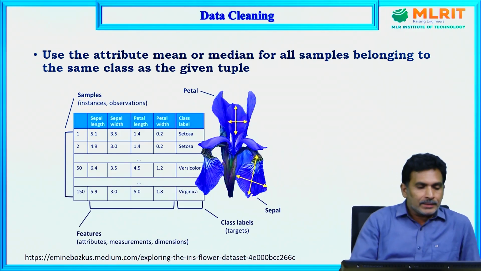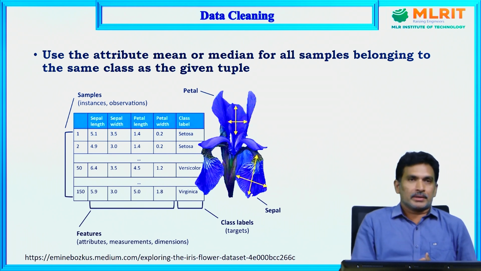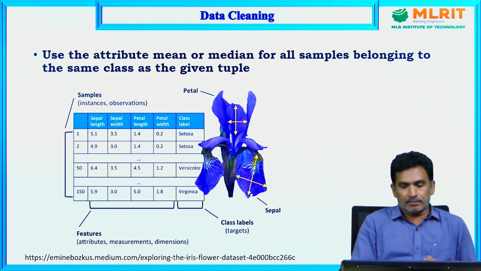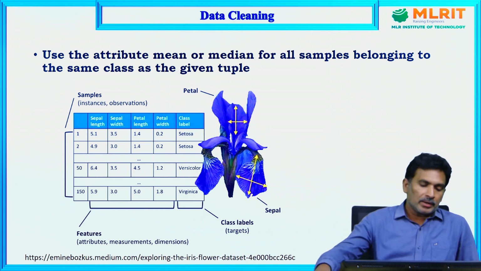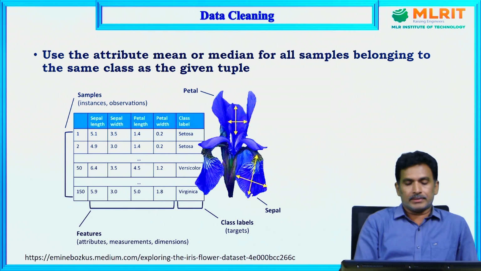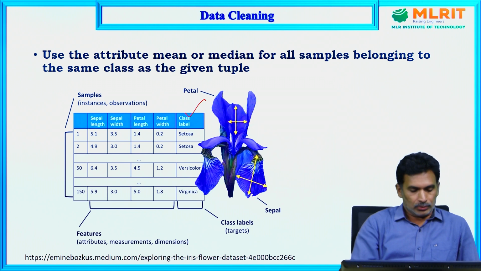Next, another method in data cleaning to fill the missing values is to use the attribute mean or median for all samples belonging to the same class as the given tuple. The samples belonging to the same class, like any data set, mostly the labeled data. This is a class label we use mostly for classification purposes.